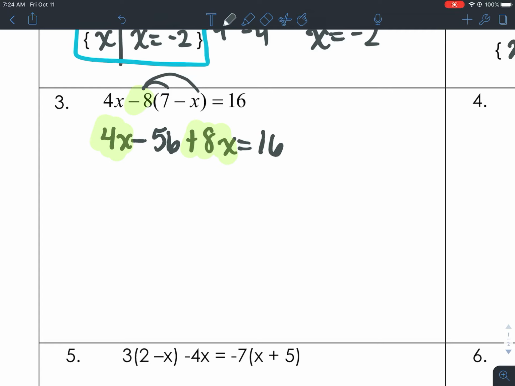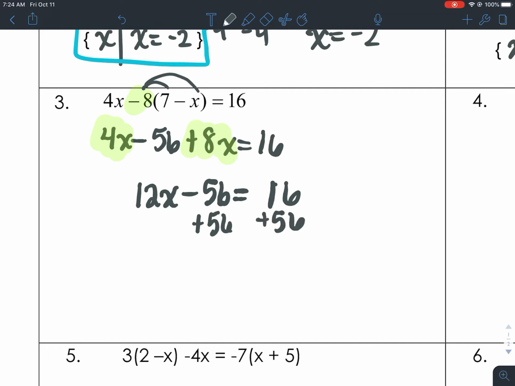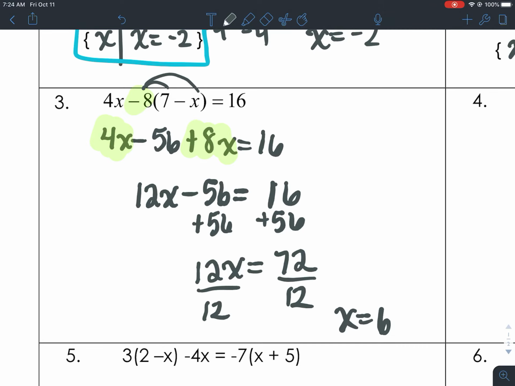And that's going to be 12x minus 56 equals 16. And then we'll add 56 to both sides. Get 12x equals 72, and then we'll divide by 12 on both sides, and we get x is equal to 6. So that's it for that one.